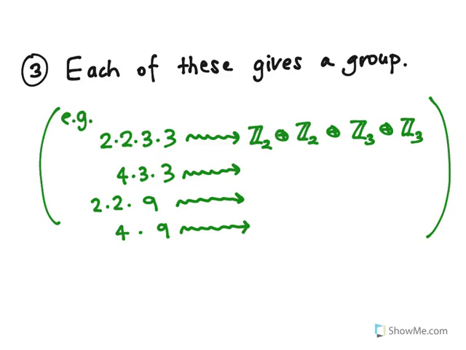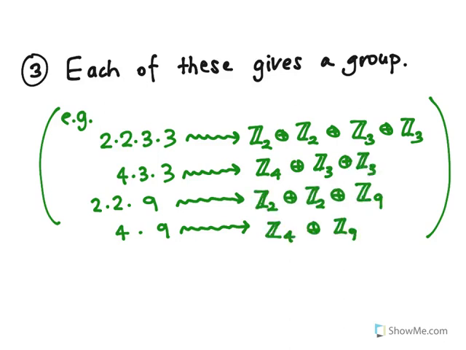And then similarly, if I combine the two 2's into a 4, then to that factorization, I'm going to associate the group Z4 plus Z3 plus Z3. Similarly, the factorization 2 times 2 times 9, I'll associate to that the group Z2 plus Z2 plus Z9. And lastly, the factorization 4 times 9, I'll associate to that the group Z4 plus Z9.